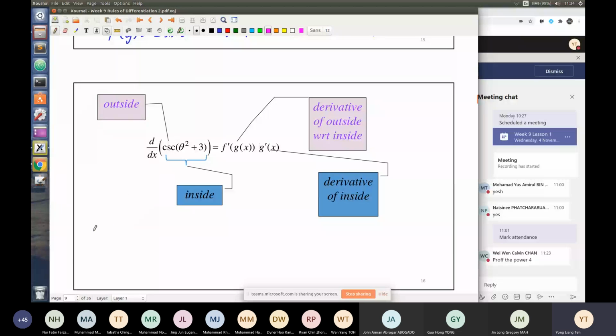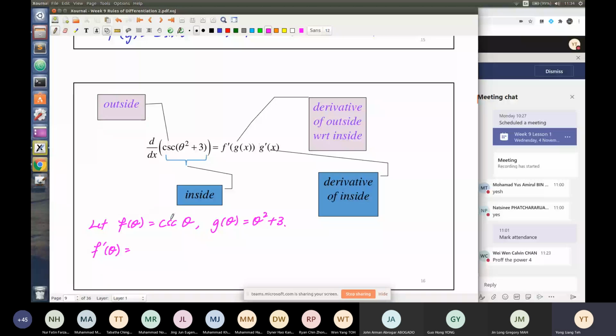What I can do is let f of theta equal cosecant theta. Clearly in this case, g of theta will be theta square plus 3, so g is my inner function. What is my f prime of theta? It is the derivative of cosecant theta.